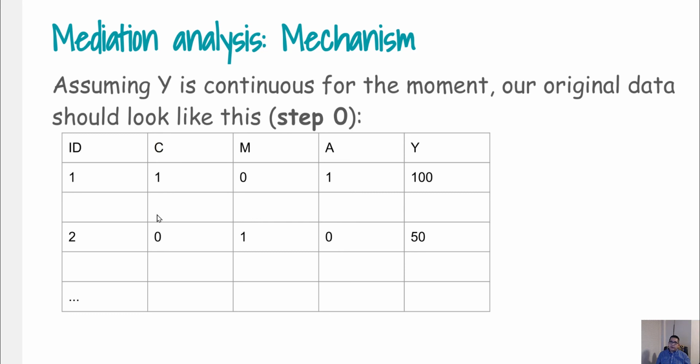So we have C variable, M variable, A variable, Y variable in our dataset. This is the format of our data, and we are just showing you the data for 2 persons.